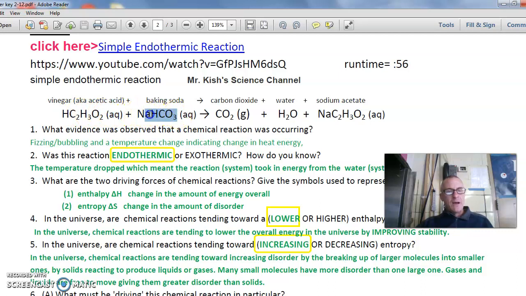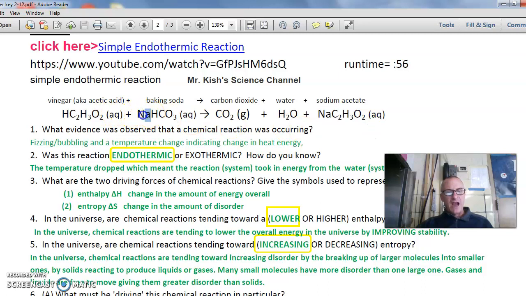And then we have sodium bicarbonate, also called baking soda, in solution. AQ means it's in solution. So that was put in water as well, and the water pulled it apart. And then we saw a chemical reaction occur. And our product was carbon dioxide gas, water, and a salt that is dissolved called sodium acetate.